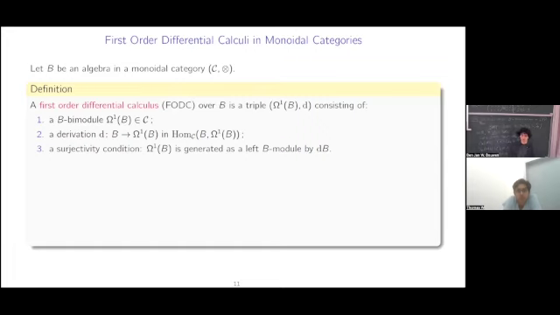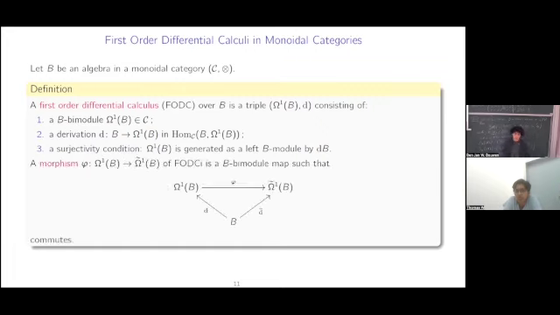Namely, we want that Omega^1 B is generated as a left, or equivalently right, B-module by the elements of the form dB. So this is very similar, almost verbatim, to the usual definition that you have of a first order differential calculus in the category of vector spaces.